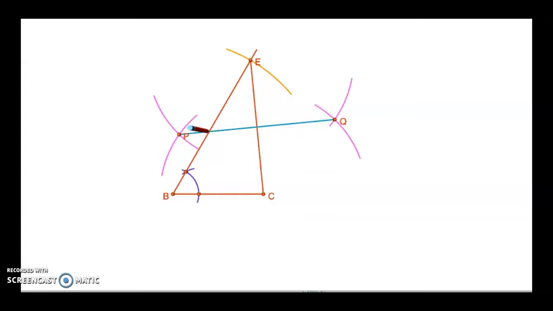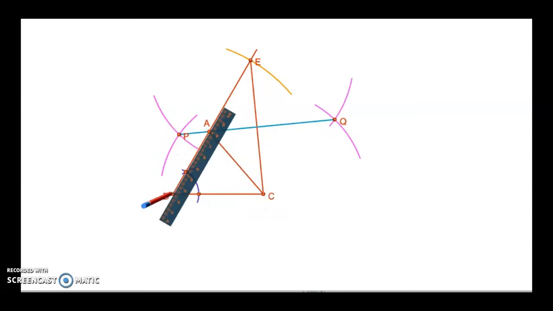Let us mark the point of intersection of the perpendicular bisector PQ of EC and our BE as A. Now, mark that point A and join A and C to get the required triangle.